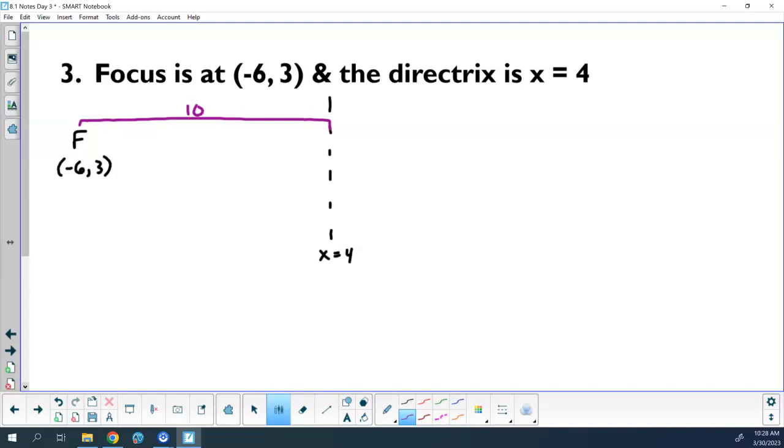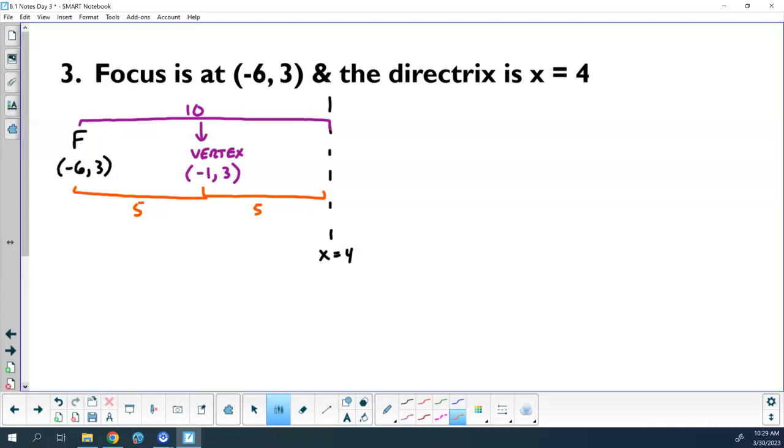So halfway over here is my vertex. What would the coordinates of that vertex be? -1, 3. Which means then that my P value is 5.